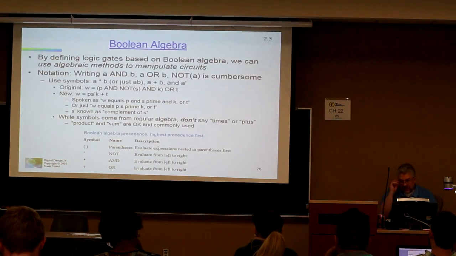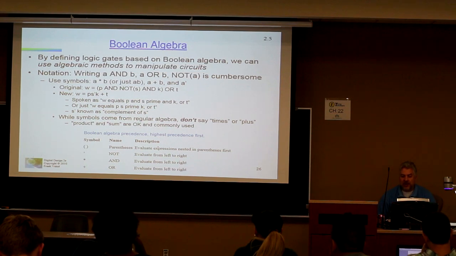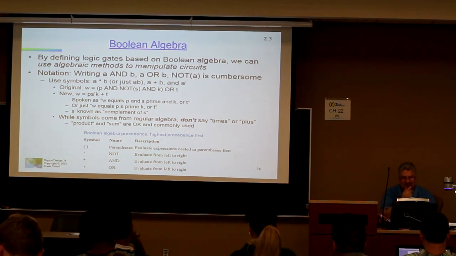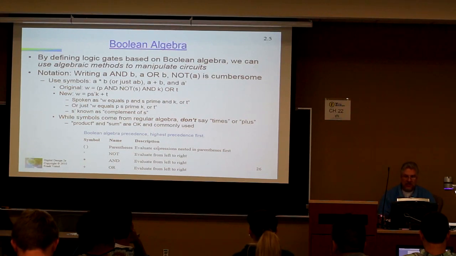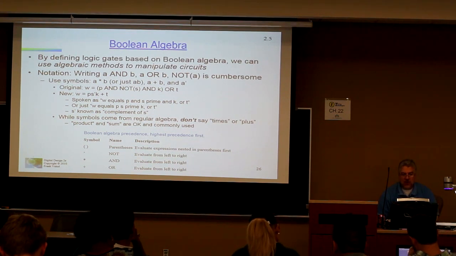Now that you understand the gates, let's look at another way of representing our digital logic, and this is by using simple Boolean algebra. And I believe we have alluded to some of this in the past, right? We talked about parentheses and ANDs and NOTs and the precedence and how you can make things really complex. So let's revisit this. A and B, A or B, not A, kind of cumbersome.